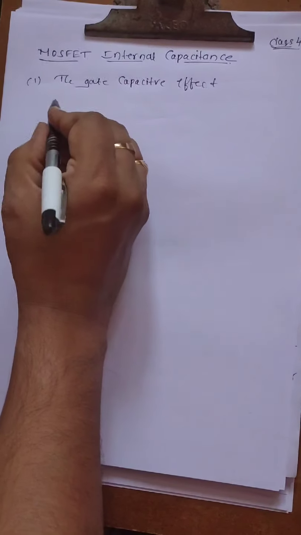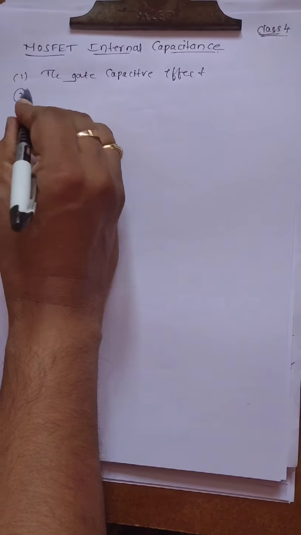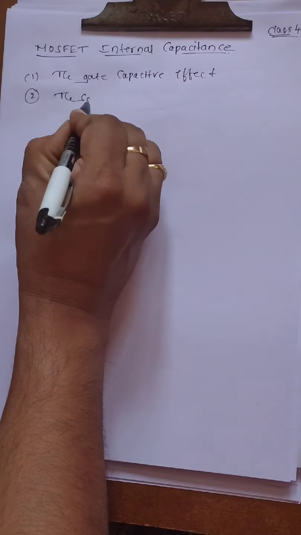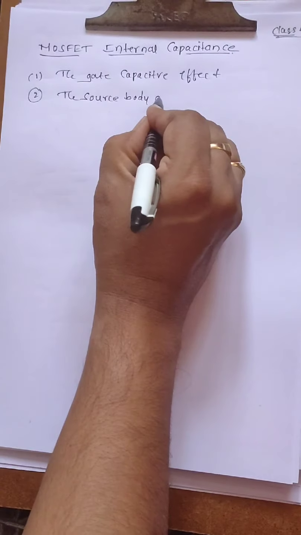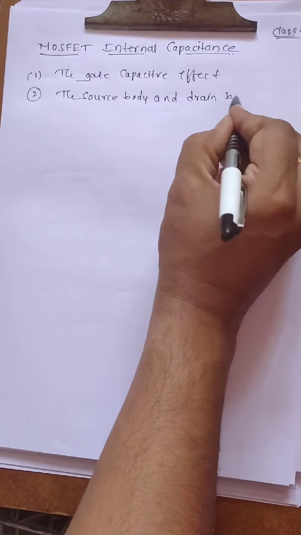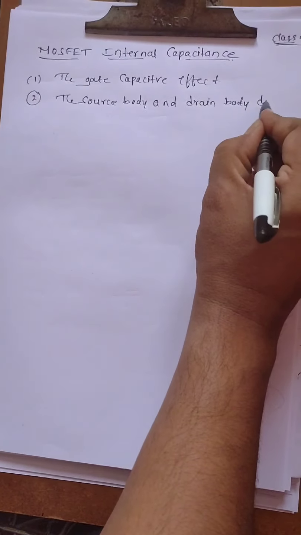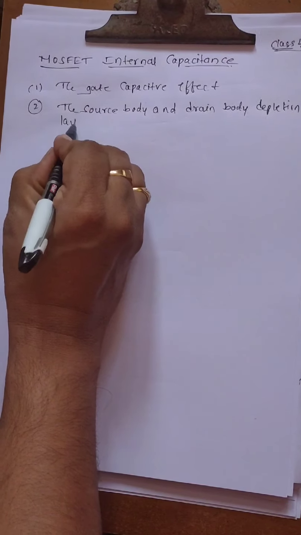The second one is the source body and drain body depletion layer capacitance.